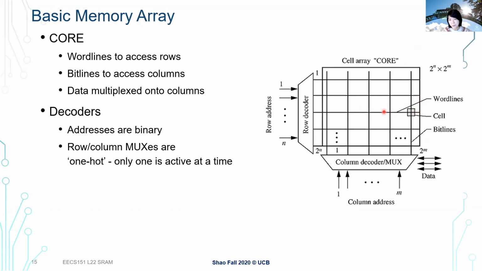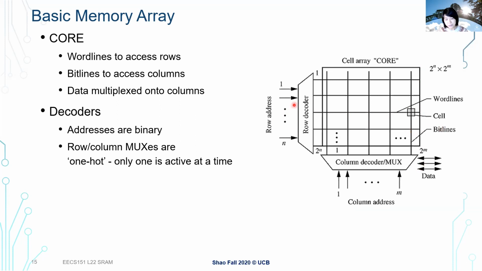So whenever you see an SRAM cell, you will see at least two. In reality, it's actually 3 lines. You have a pair of bit lines. We'll talk about that later, but you will always have the word line for the row address and also a bit line for the column address so that you can access a particular cell in your two-dimensional array.